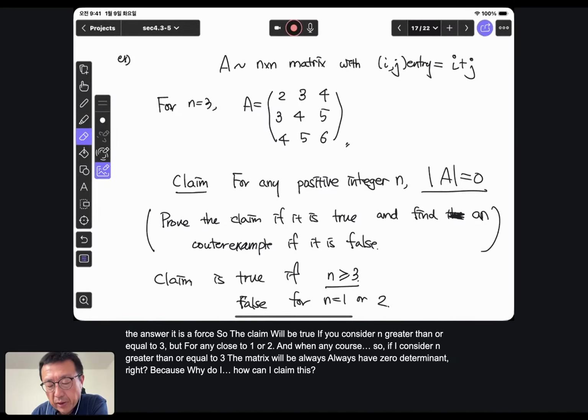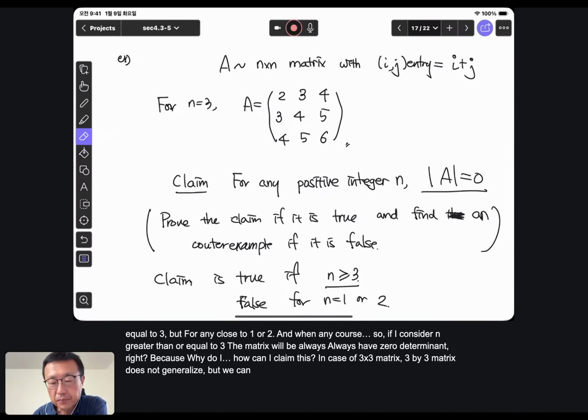In the case of a 3 by 3 matrix, it does not generalize, but we can get some hint, right?